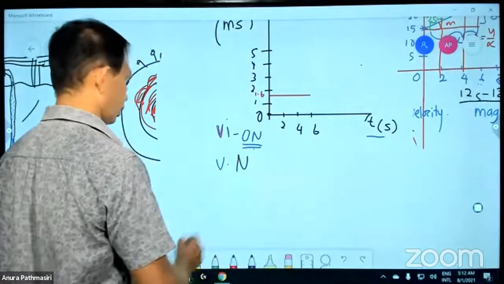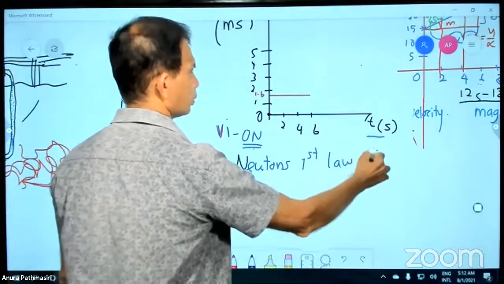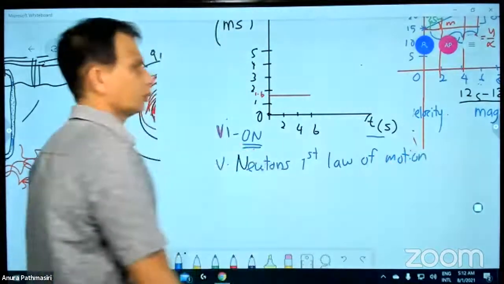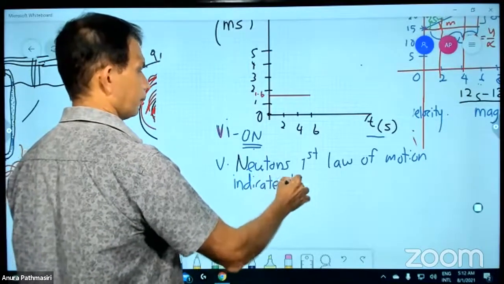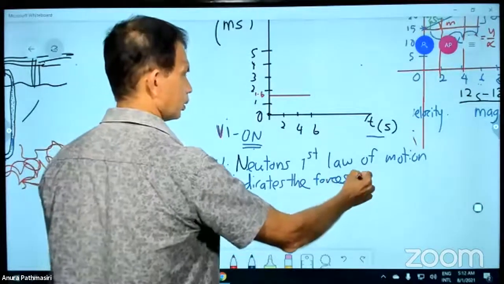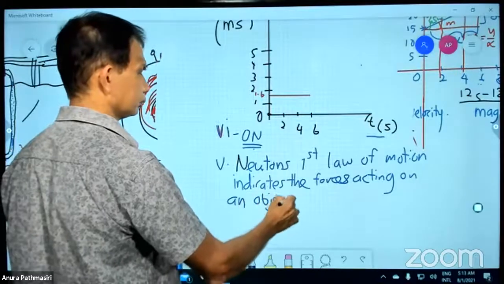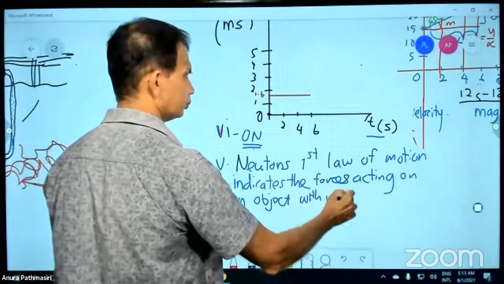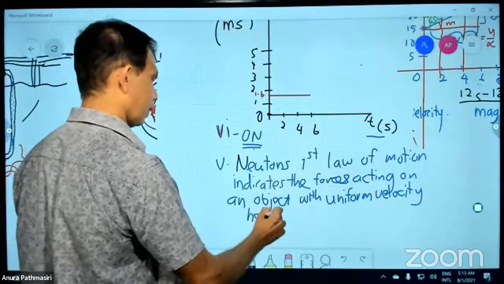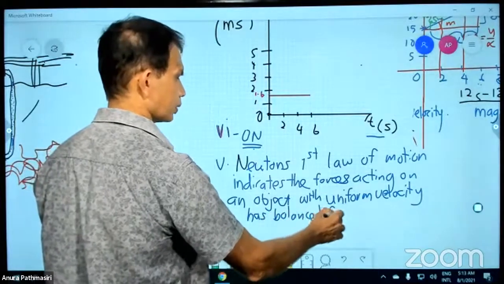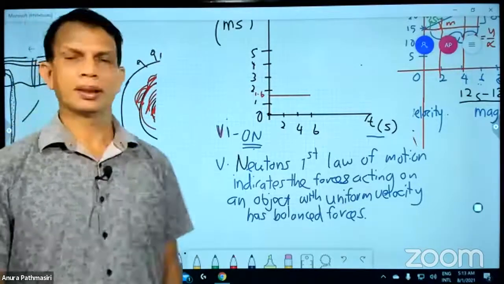Newton's first law of motion indicates that an object with uniform velocity has balanced forces.